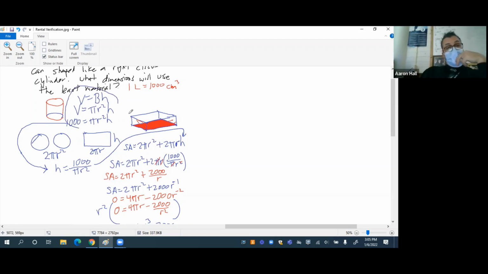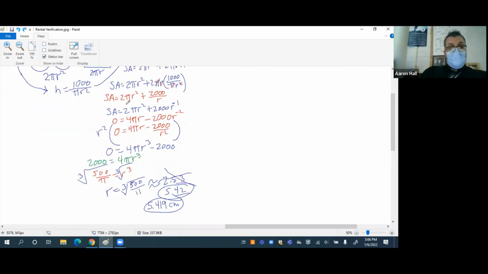I took this volume equation right here and didn't I already solve for H? So I could substitute that in. So all we have to do is replace this R. Replace the R with what? So our height becomes what?